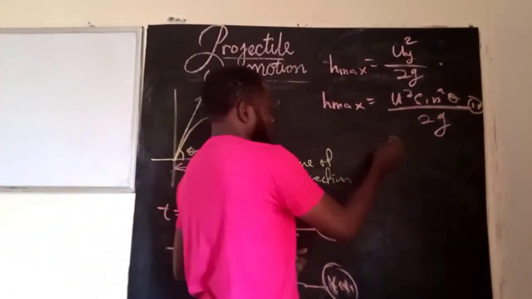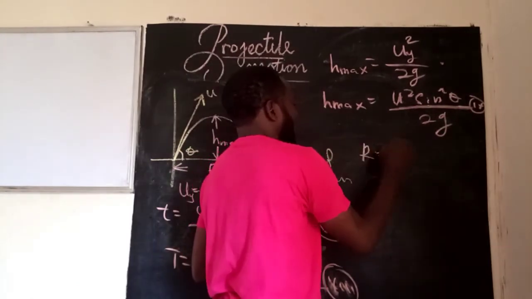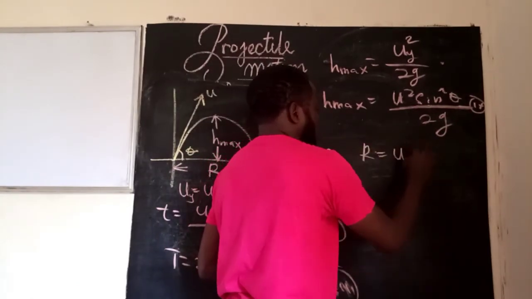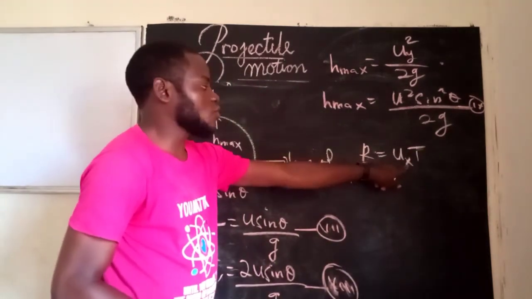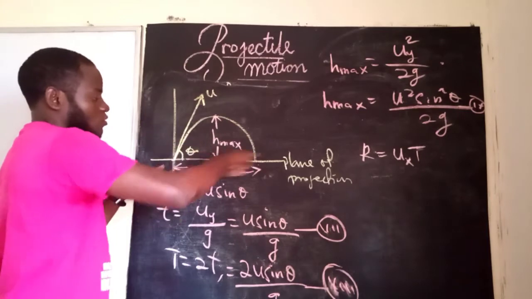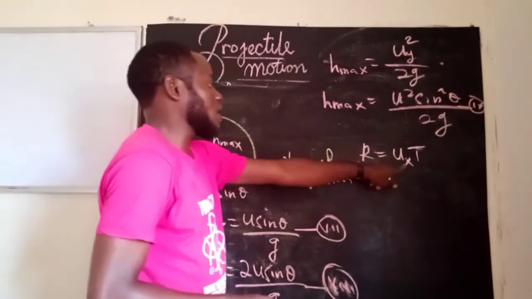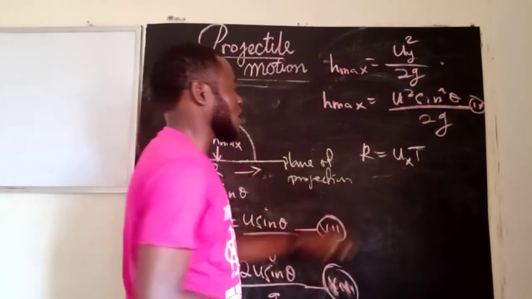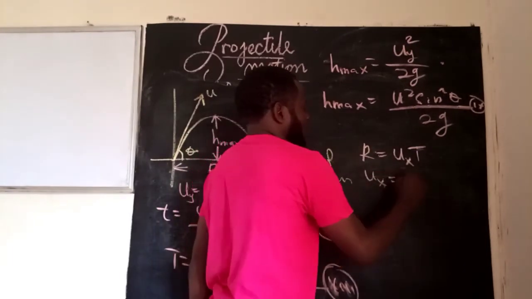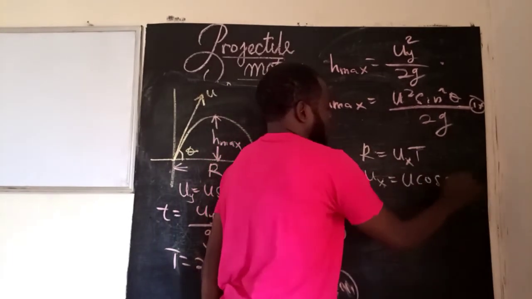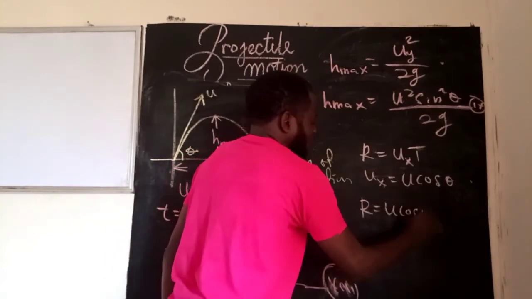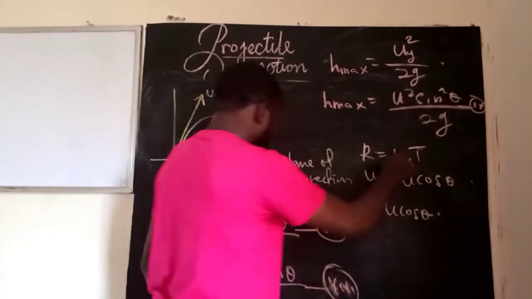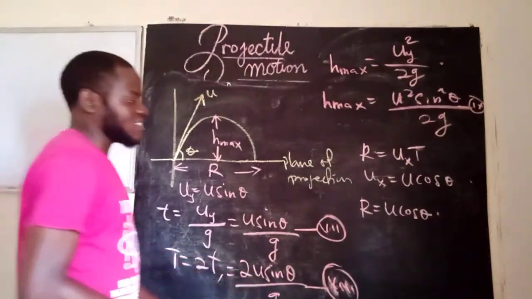We recall that our R is u sub x times T. Remember, this is the horizontal direction, so the velocity will be horizontal. And our velocity horizontally, u sub x, is u cos theta. So we have that R is equal to u cos theta times T, which is 2u sine theta over g.